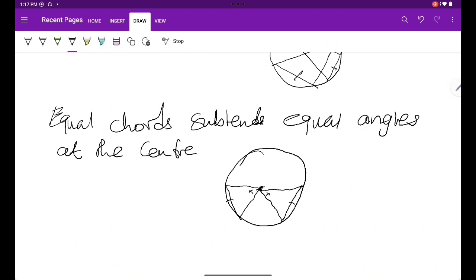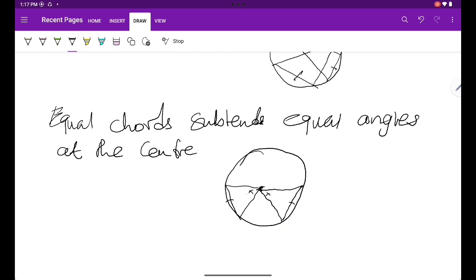If you look at these angles that are marked here, we can't say they are equal because they are vertically opposite. It's clear that these angles are not vertically opposite, but we say they're equal because they are subtended by equal chords. So equal chords subtend equal angles at the center.